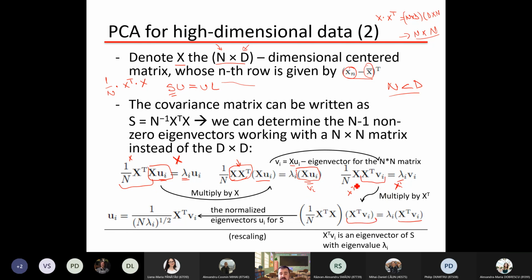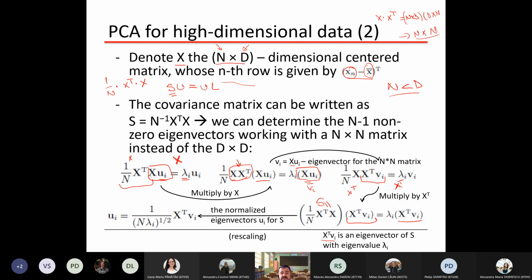And since we add X transposed to the front, we will have 1 over n X transposed multiplied with X, which is exactly S. So this is S, multiplied with X transposed Vi, equals lambda i X transposed Vi. So basically X transposed multiplied with Vi is an eigenvector of S corresponding to the eigenvalue lambda i.